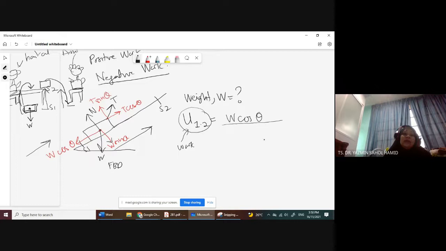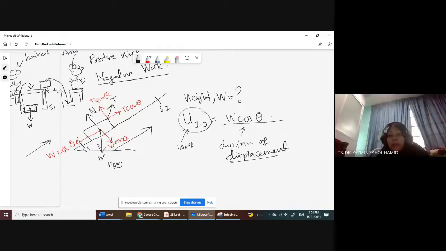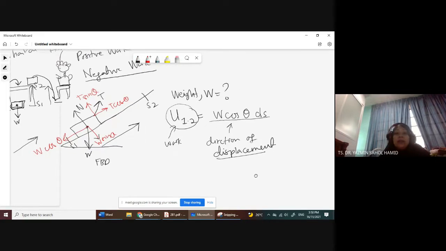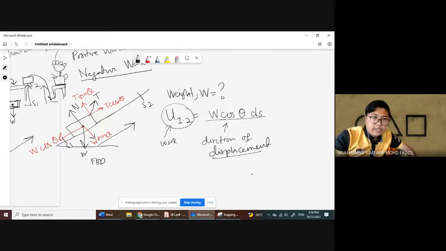Why? Because this is the direction of the... Can you please say this out loud? The direction of displacement. Because then you have to put ds here, the change from position S1 to S2. Okay, but the direction, is it positive or negative? Direction is negative.